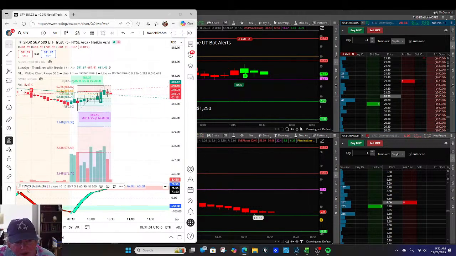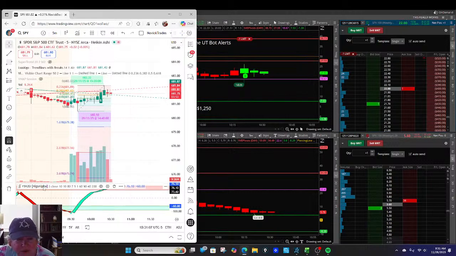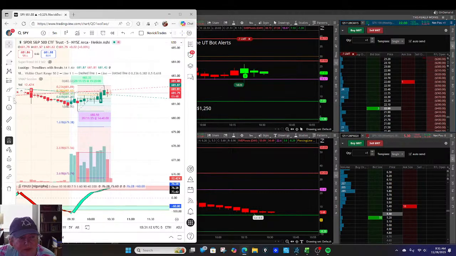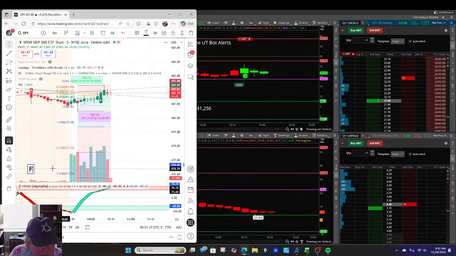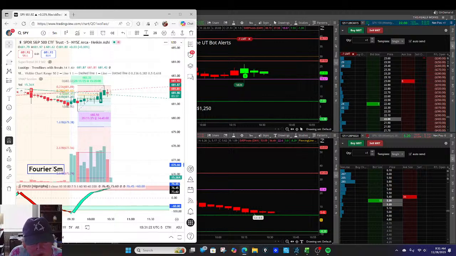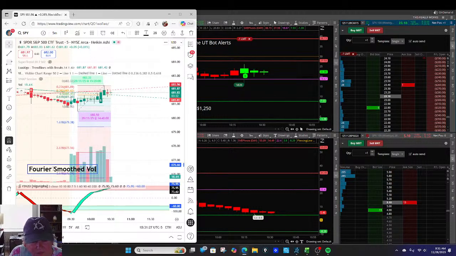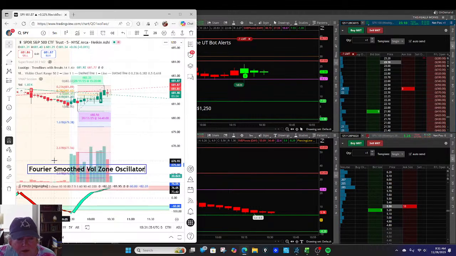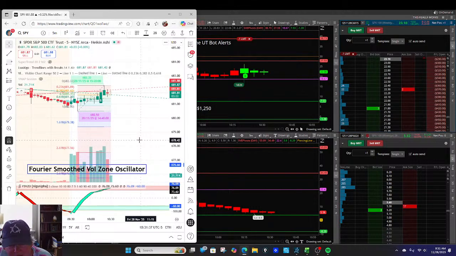And this one down at the bottom, the Fourier volume zone oscillator. I had that up earlier, but it disappeared. So let me type it in again. Fourier, French name, smoothed volume zone oscillator. FSVZO.